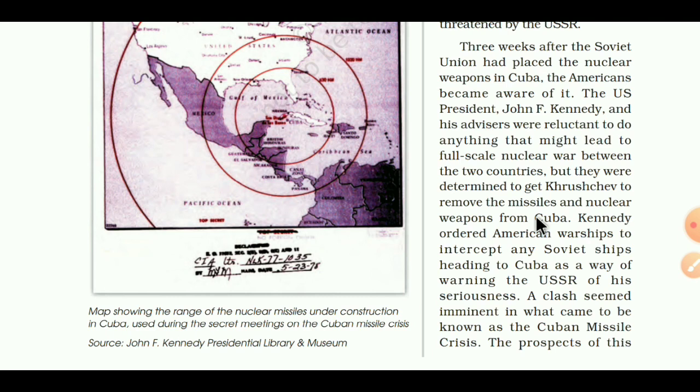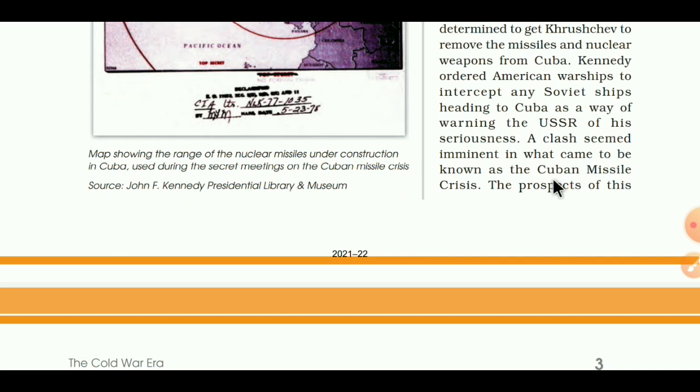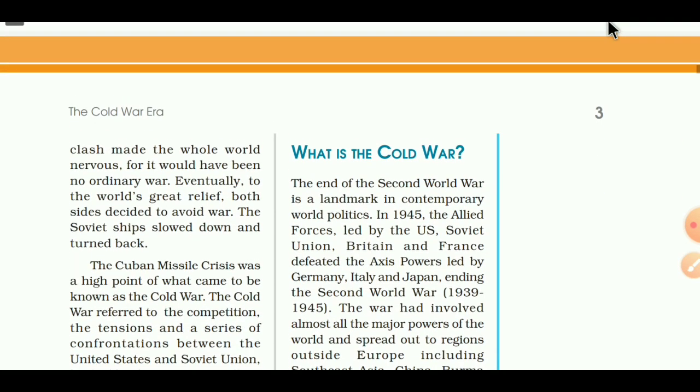But from Cuba, the USSR removed almost all the nuclear weapons, and so Kennedy also calmed down. And after this incident, world politics changed because of the Cuban Missile Crisis. How it changed, I am telling you.